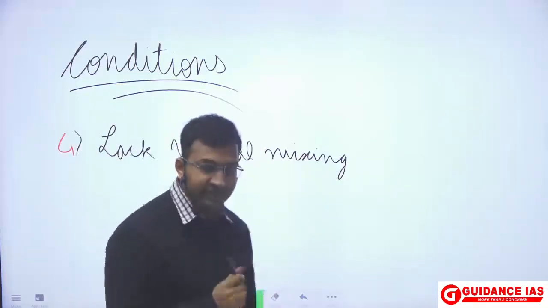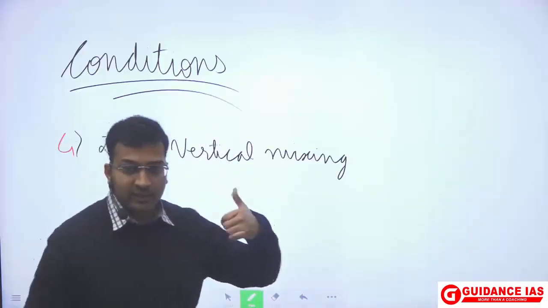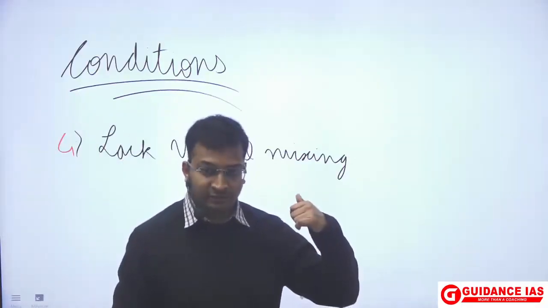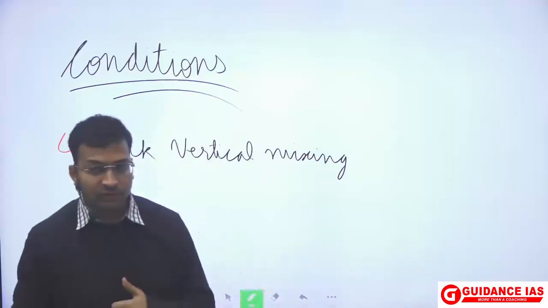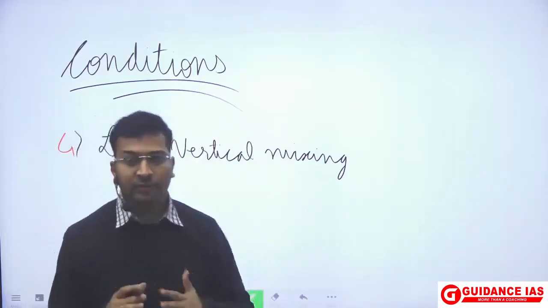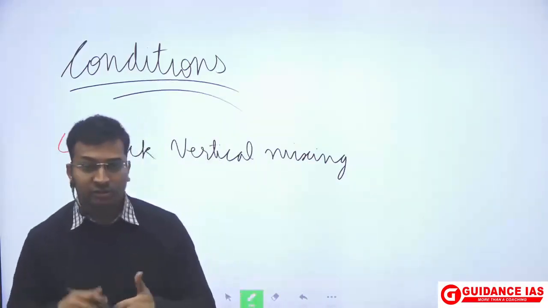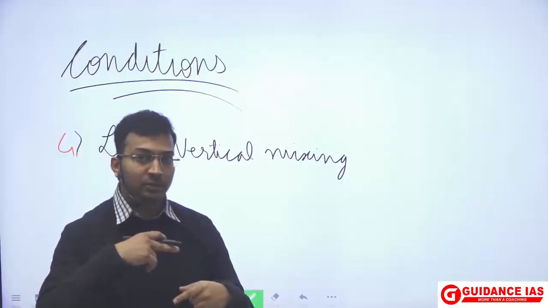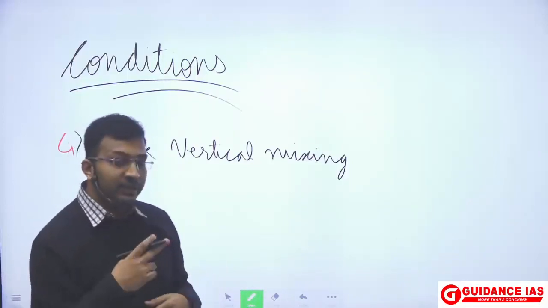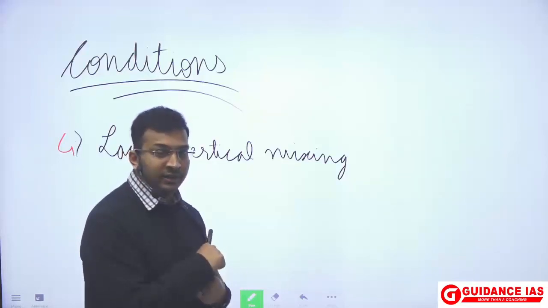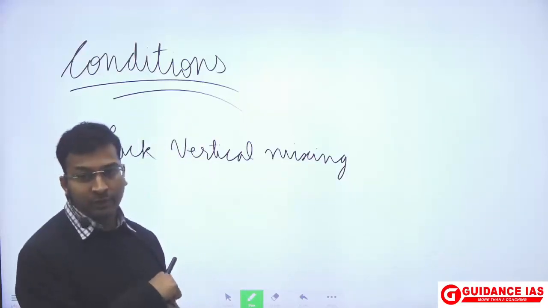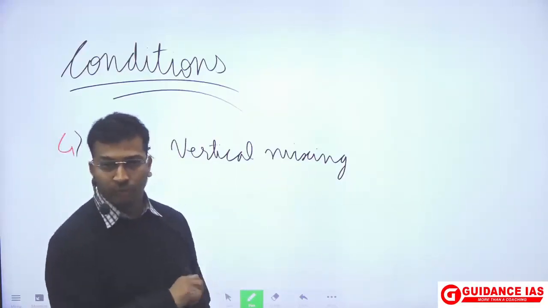As we have seen in the second condition, when there are clouds, the radiation emitted from the earth's surface will be reflected back, so there is vertical mixing. Due to this vertical mixing, the phenomenon of radiation temperature inversion won't be observed.